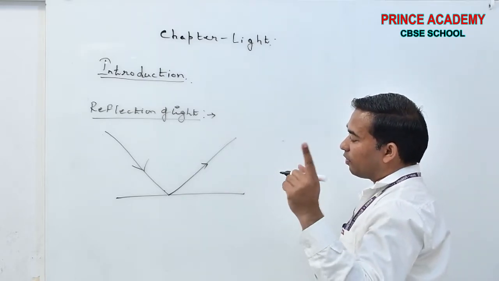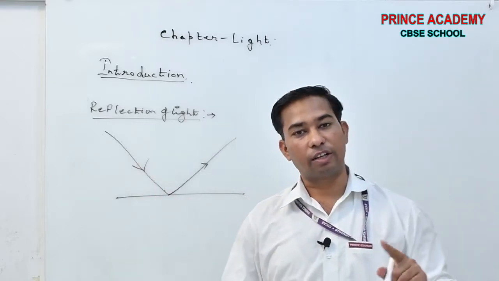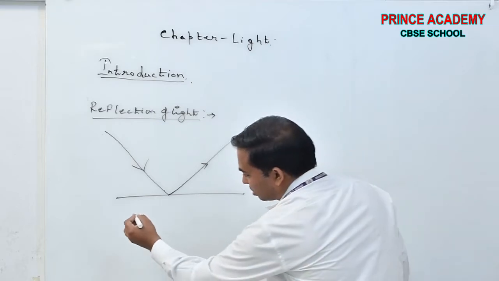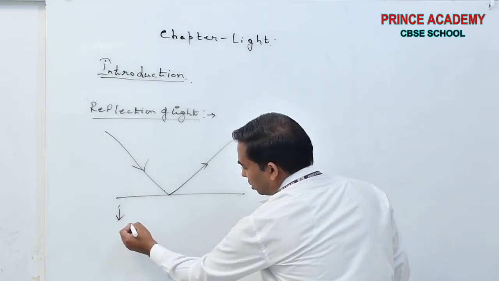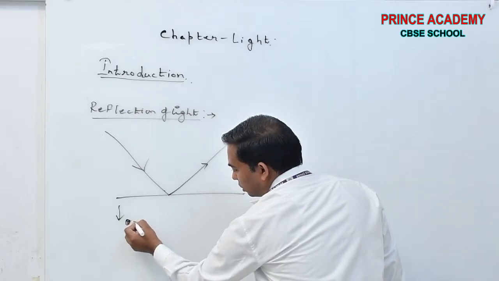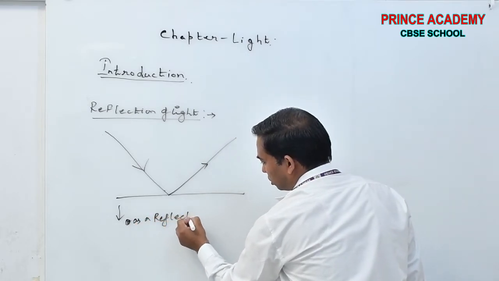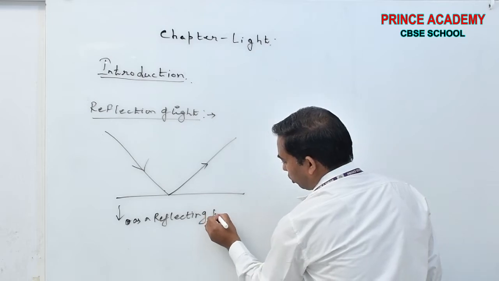For the property of reflection, the light is incident on a surface, and the surface material must have reflecting properties.